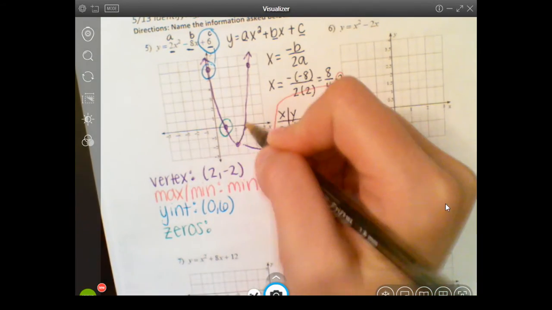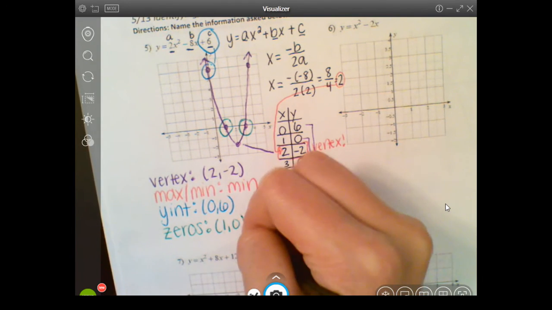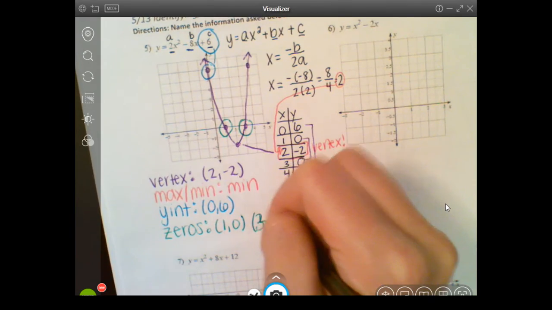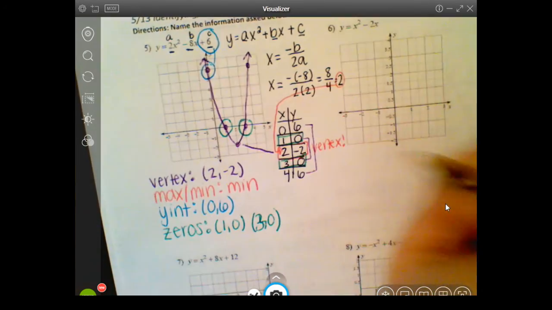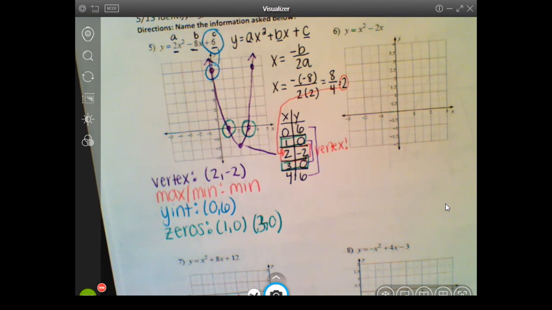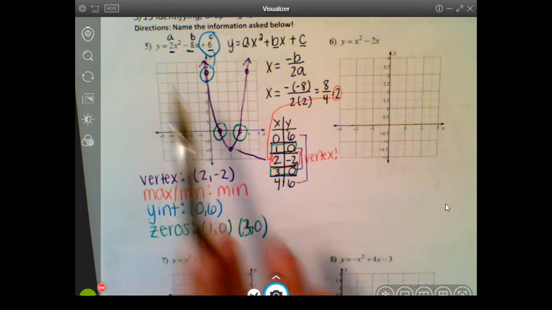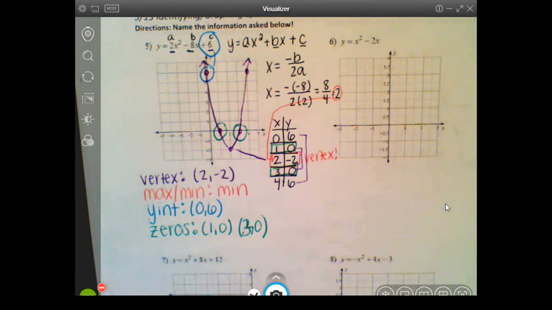So that's here and here. So that's 1, 0, and 3, 0. And if I look in my table, look at that, 1, 0, 3, 0. So all of this comes together when you're graphing. So remember, you have two options. You can plug in and fill it in, or use your tools if you have them.